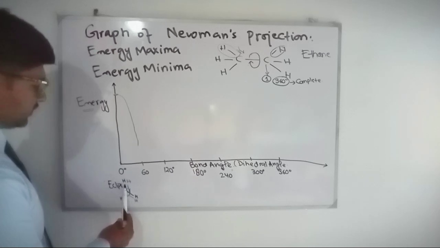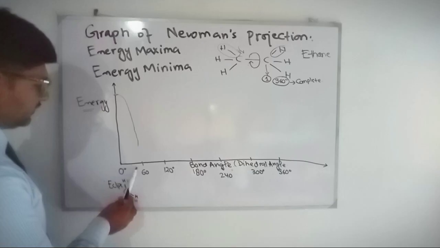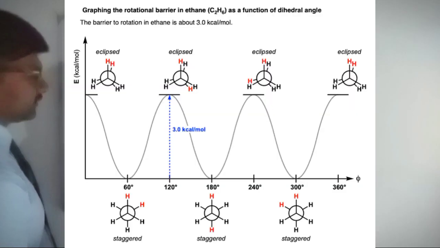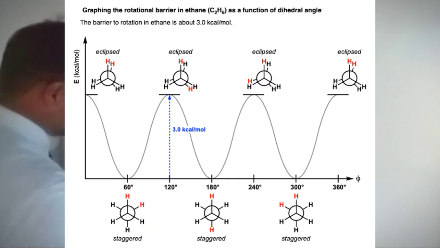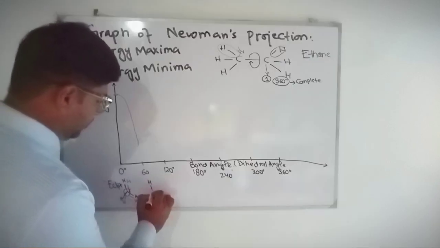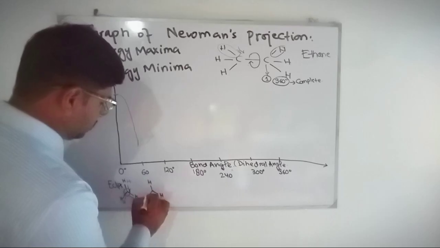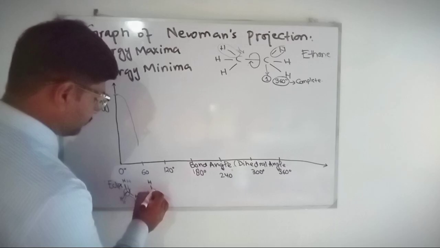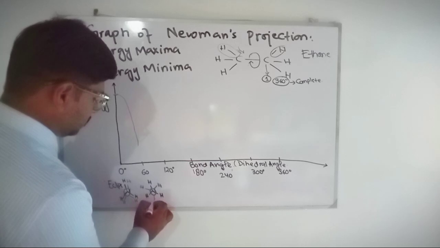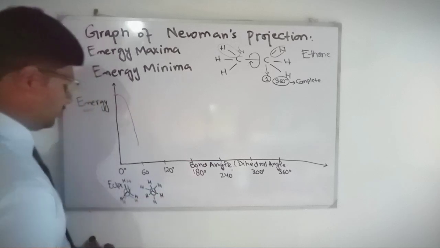Let's suppose these two carbon to hydrogen bonds are parallel to each other, and I am going to rotate it by 60 degrees. So at 60 degrees, this hydrogen atom will be slightly rotated, and we will get this conformation.